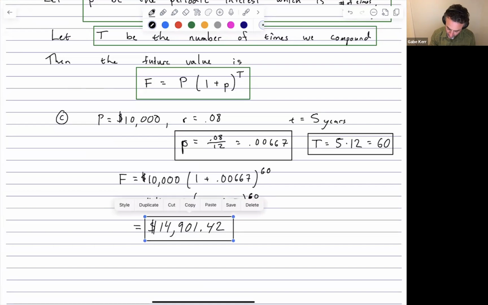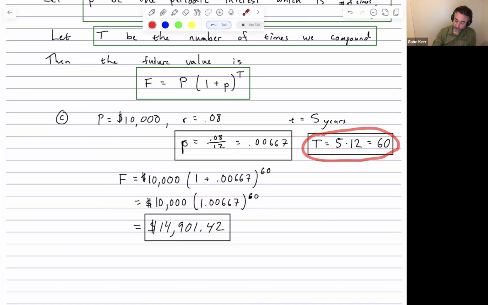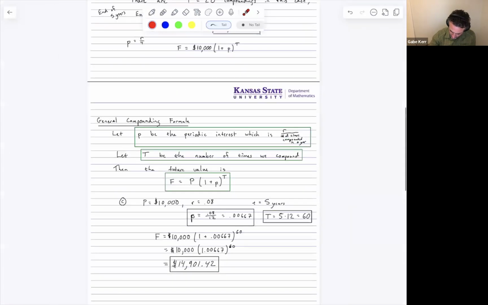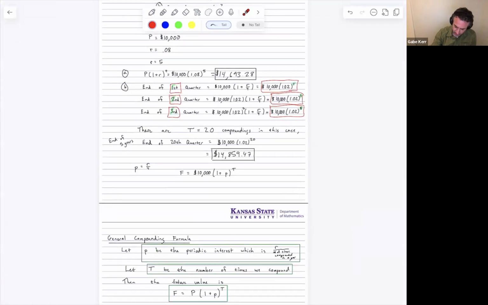So the key thing is not being able to enter it into a calculator as much as it is being able to compute the periodic interest rate and the total number of times we compound. Now, if you like, you can compare each of these scenarios, and you'll see that when we compound annually, we get 14,693. Compounding quarterly gives us 14,859.